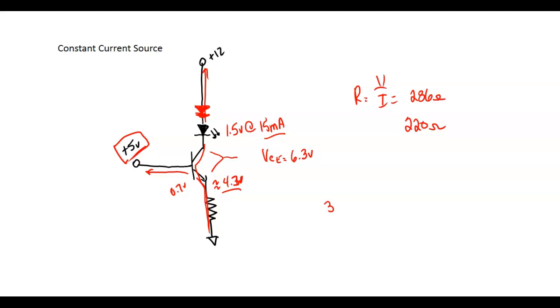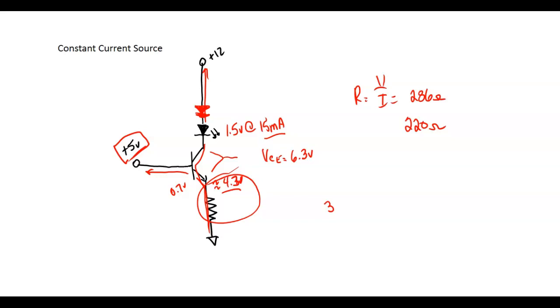So what happens if I put another diode in there? Would it decrease the VBE? It would on the transistor, because the current is set by this resistor right here. That current says I'm going to let 19 milliamps flow.